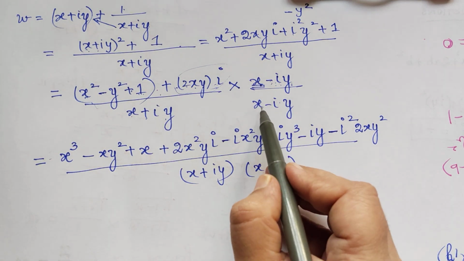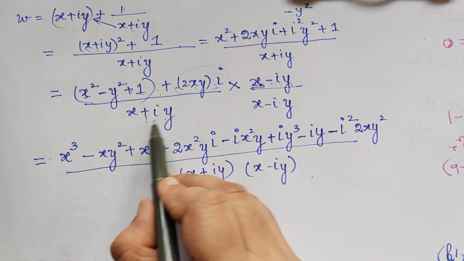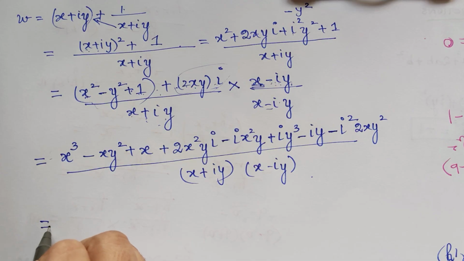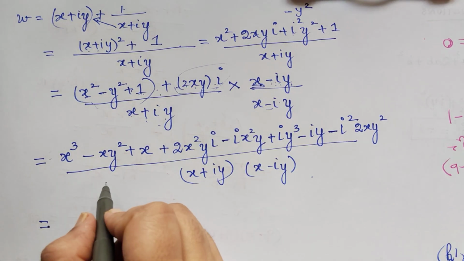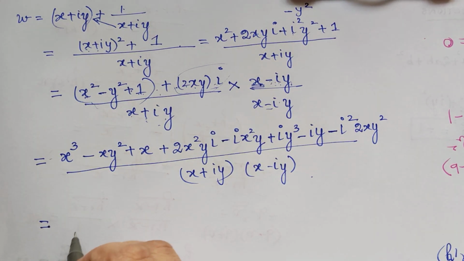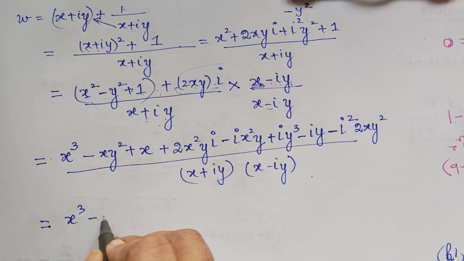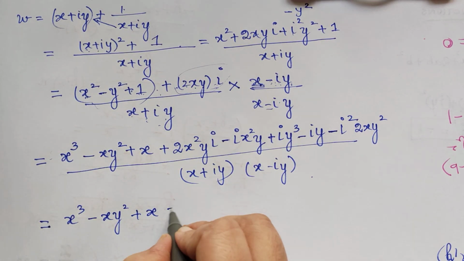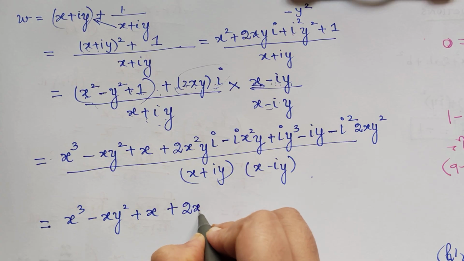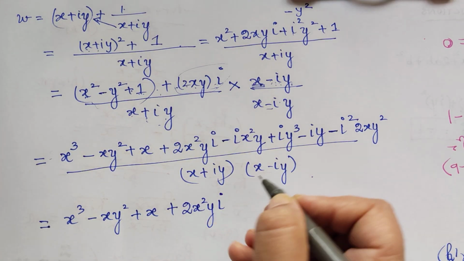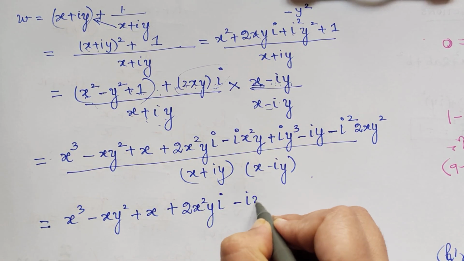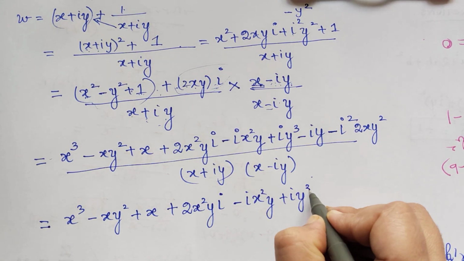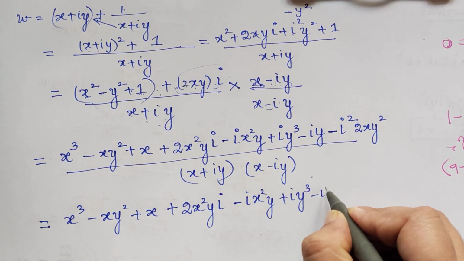Because we have multiplied x minus iy in the denominator, these two terms get multiplied. Further this will be equal to, we have to be very careful with the calculation: x³ minus xy² plus x, and then 2x²yi minus ix²y plus iy³ and then minus iy.